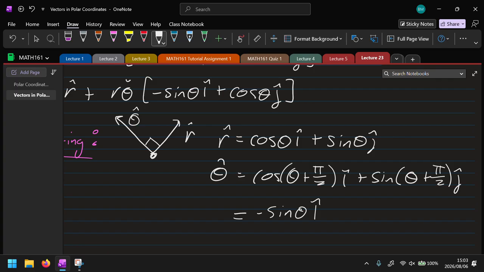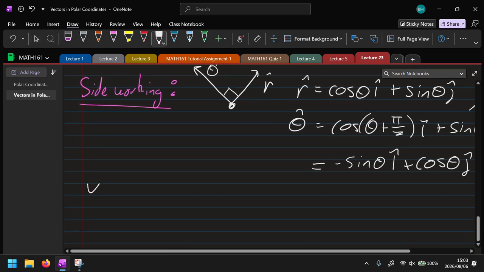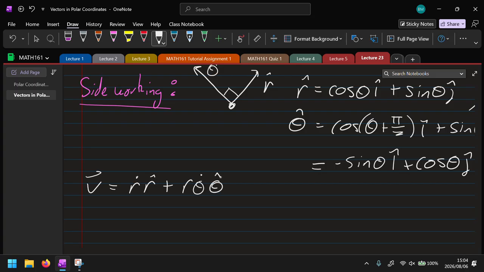They're 90 degrees apart. Yeah, so that's our theta hat, which we see is exactly the same as that square brackets there. Right? That bottom bit, that's the same as the square brackets. So we're going to substitute in our theta hat. And so we get v is equal to r dot r hat plus r theta dot theta hat.